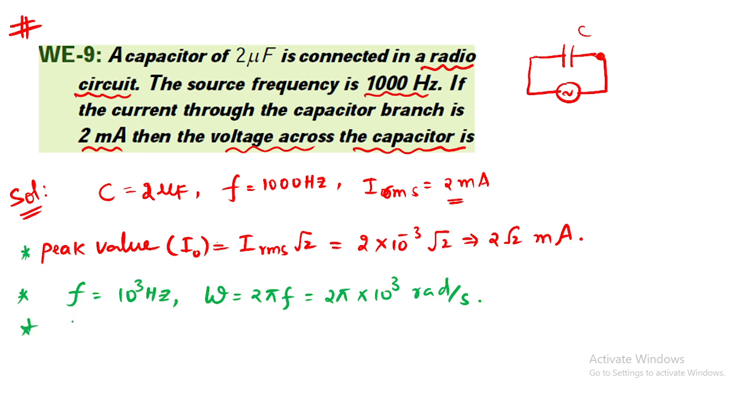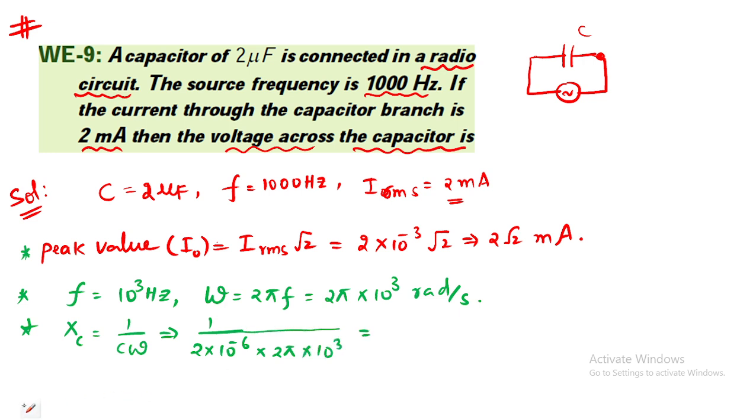Next, can I calculate the reactance? Reactance Xc is equal to 1 divided by C into omega. Omega we already have. So 1 divided by C, which I mentioned as 2 microfarad, 10 power minus 6, and here 2 pi into 10 power 3.